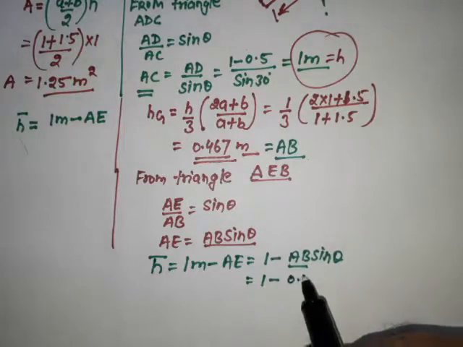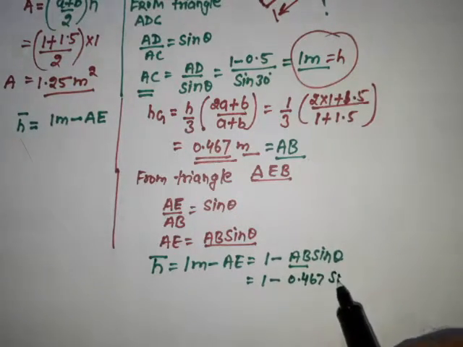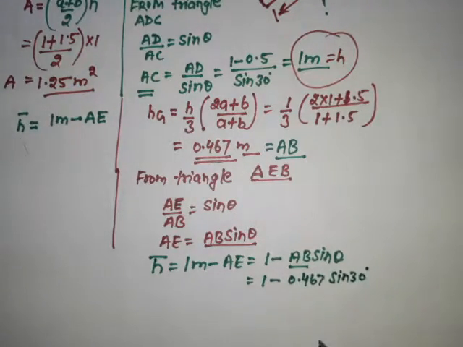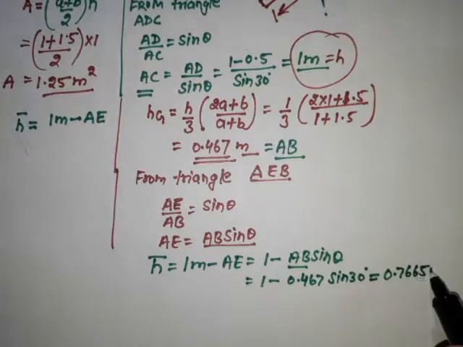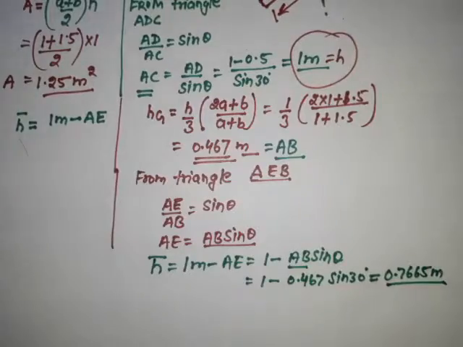So that is 0.467 sine 30, and this is equal to 0.7665 meter. So this is the value of h bar.